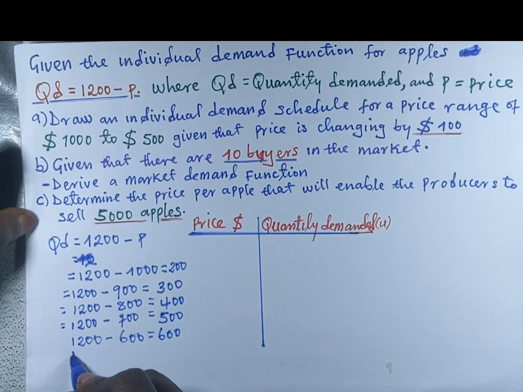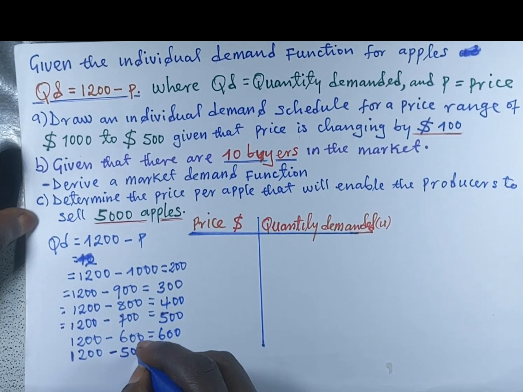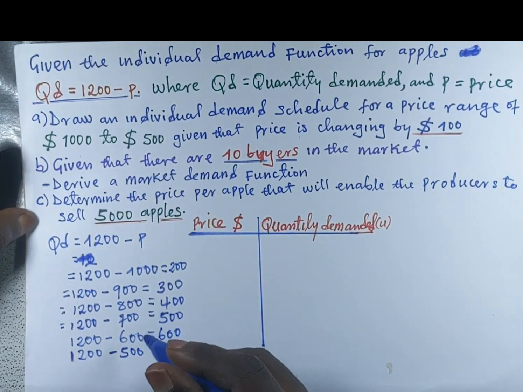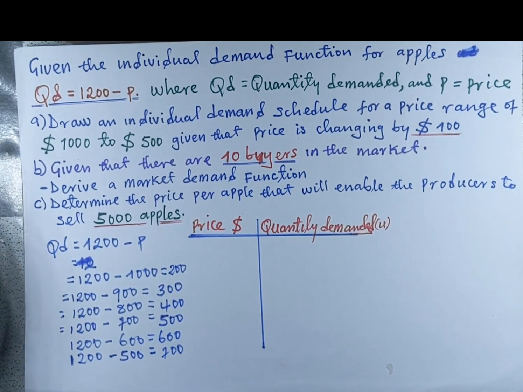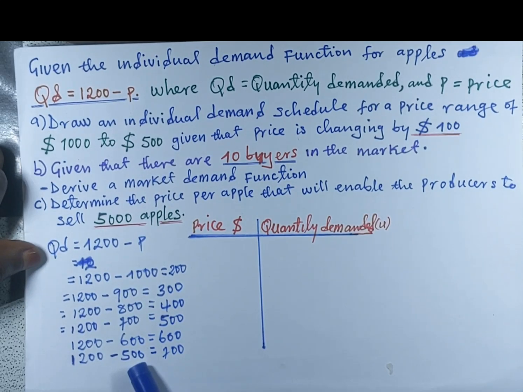Again, when price reduces by 100, we are going to have 1200 minus 500, since they said price ranges from 1000 to 500, so that will be our last level to calculate. So we are going to have 700. That shows that at the price of 500, the quantity demanded is 700 units.